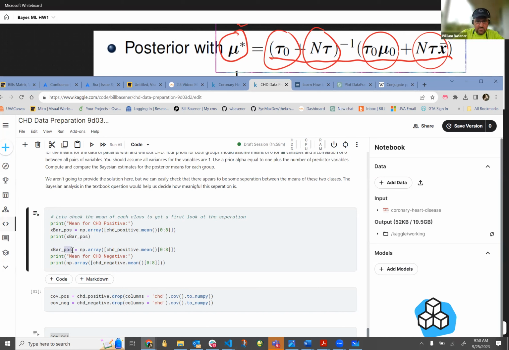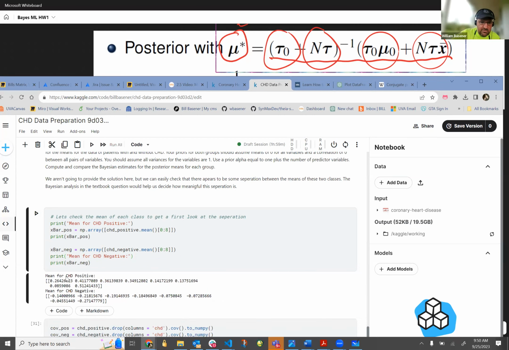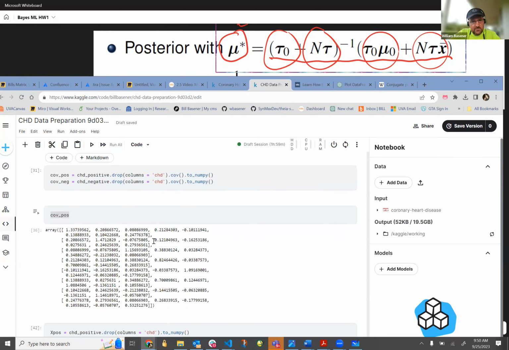So x bar negative is this. We're going to take the negative CHD values, and then we're going to print those. This should give us the same values that we saw before when we computed the means of the two classes. But now we've given them names, x bar positive and x bar negative.